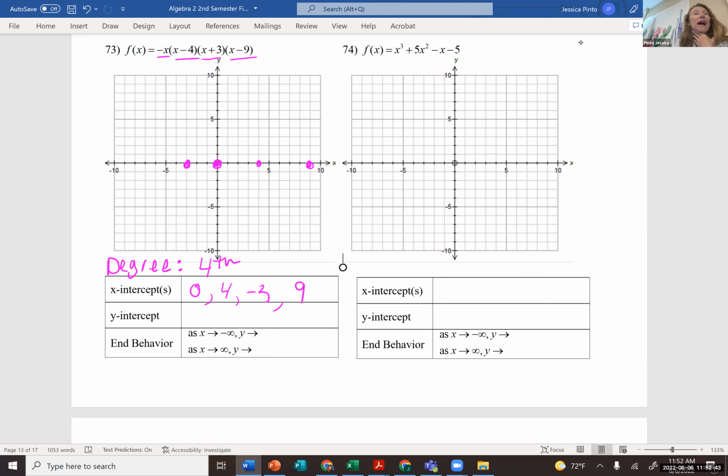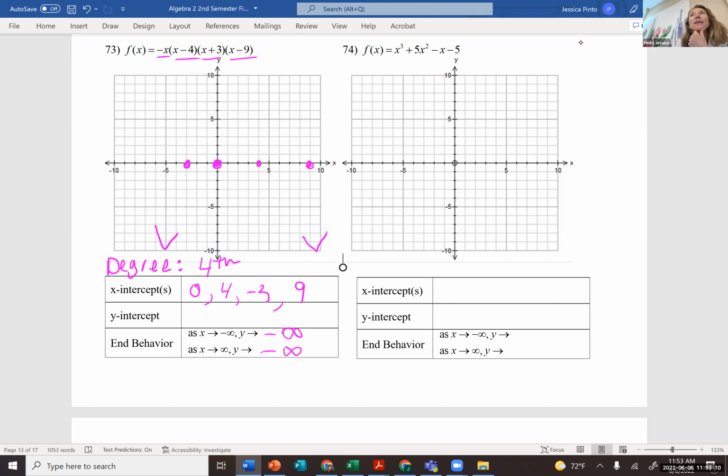So just like a parabola, this is going to have the arrows pointing in the same direction. I noticed that the a value is negative. So that means that both of the arrows are going to point down. So as x is going towards -infinity, y goes towards -infinity for both sides, is what that means.